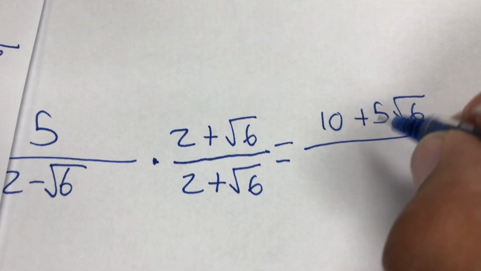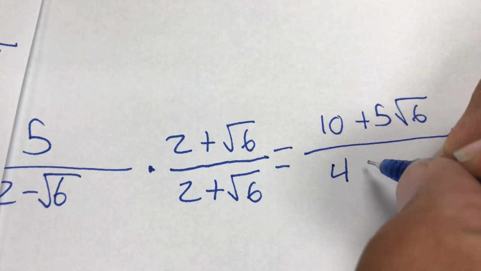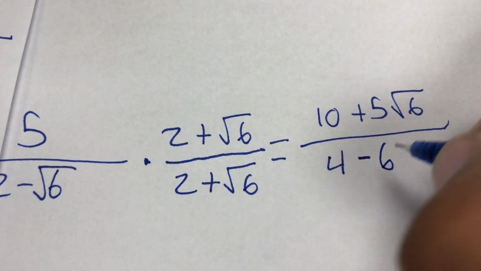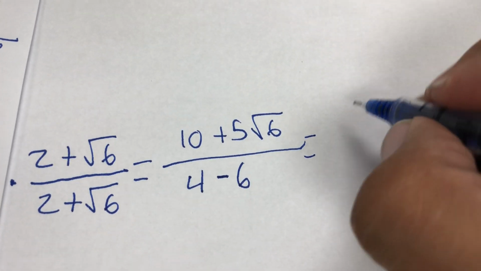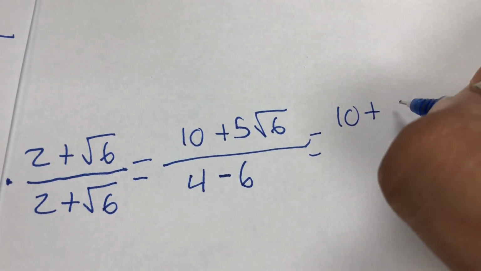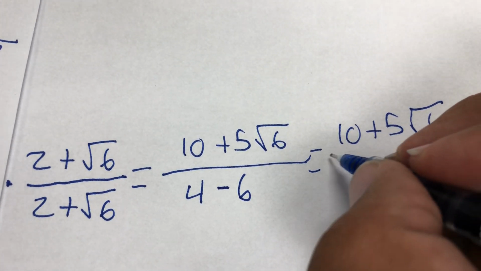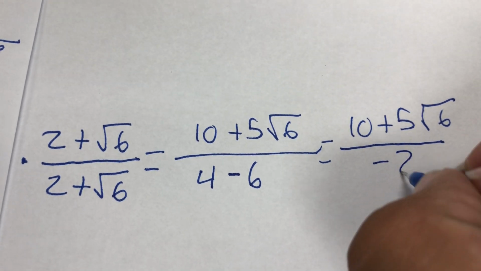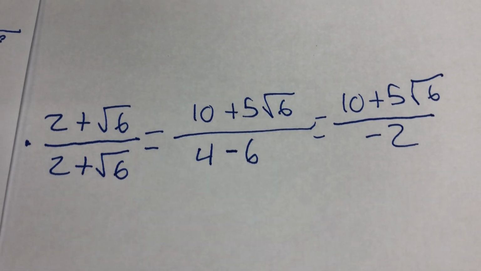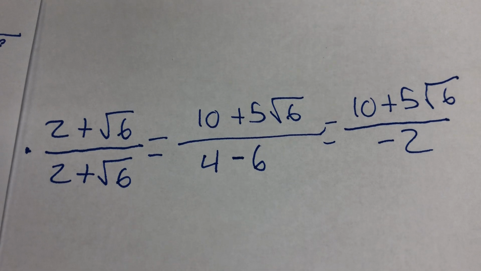Then we're multiplying this, which comes out to the first number squared minus the second number. So our answer here is 10 plus 5 square root of 6 divided by negative 2. And that's our answer.